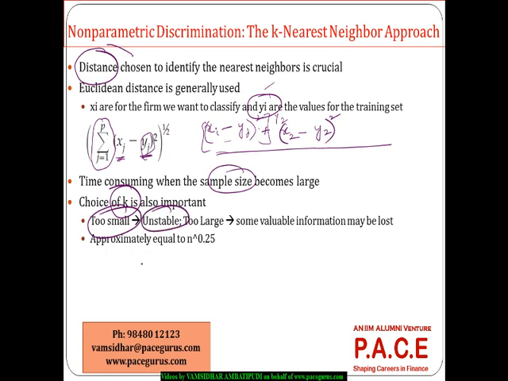So there is a rule of thumb which says try to choose your K based on n to the power of 0.25. So if my n is 16, then choose K to be around 2. If n is 81, choose K to be around 3.